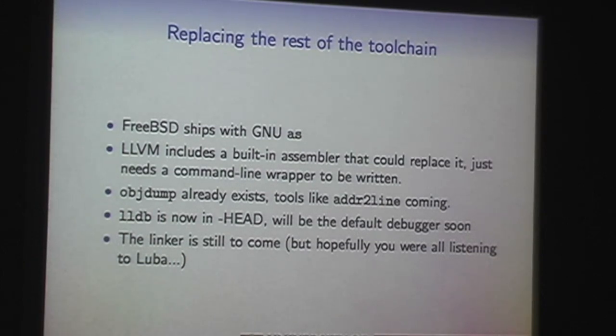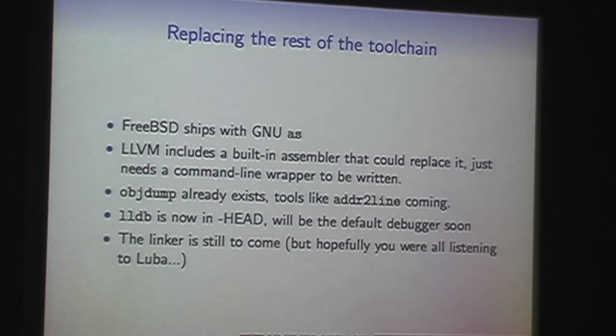The GNU debugger we have in the base system is completely useless because recent versions of Clang and recent versions of GCC emit debug information in version 4 of the DWARF standard, and the really ancient version of GDB that we have only understands version 2. So if you actually want to debug stuff on FreeBSD, you probably are installing GDB from ports now.